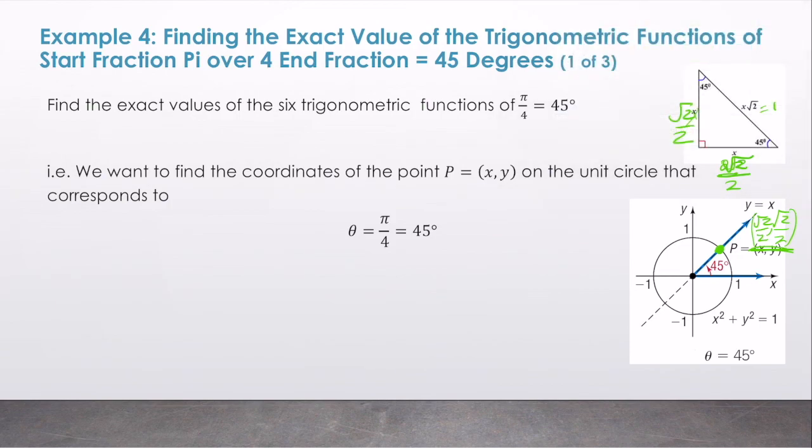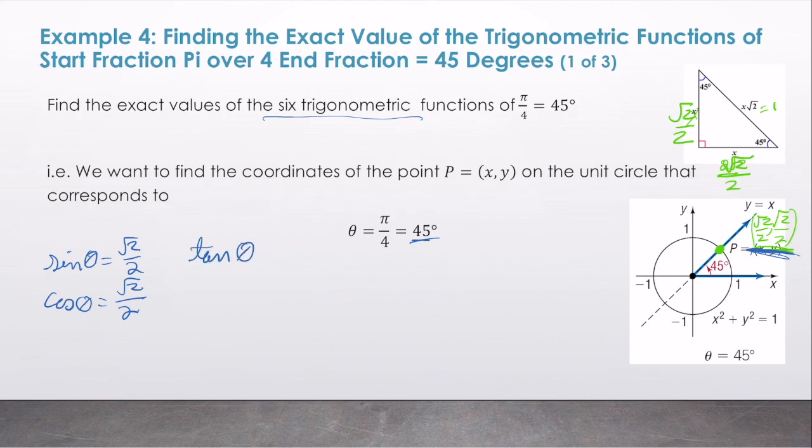So now that we have our point on our unit circle, I want to find the 6 trigonometric functions of pi over 4. So sine of theta, which is 45 degrees or pi over 4, is going to be the square root of 2 over 2. Cosine of theta, which is x, is going to be the square root of 2 over 2.